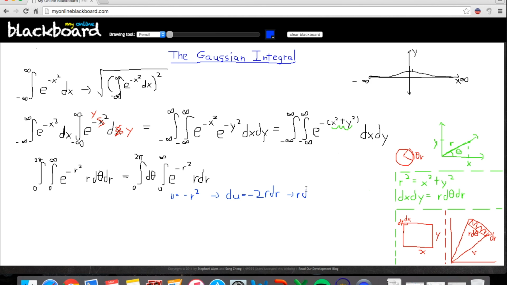So I can just substitute the entire r dr term for negative du over 2, just to make our U-substitution a little simpler.